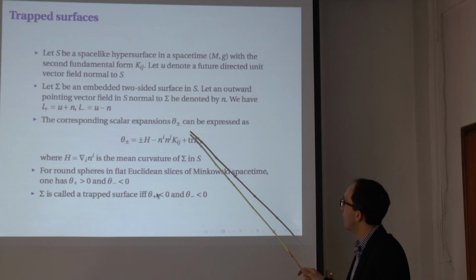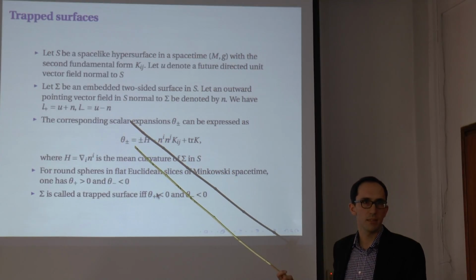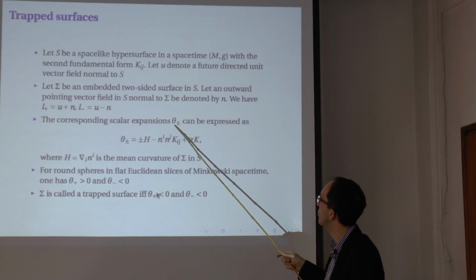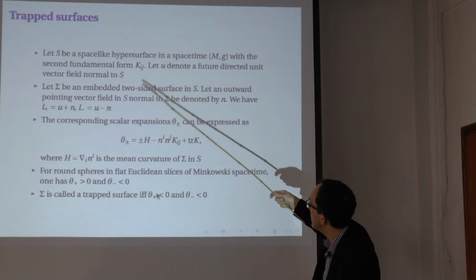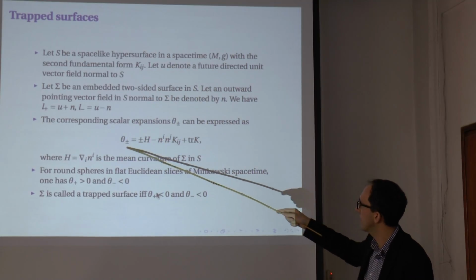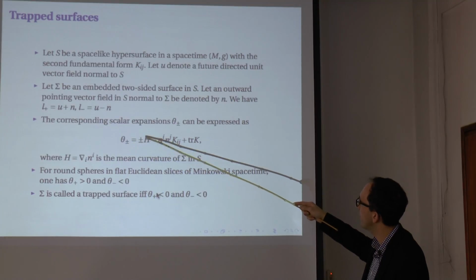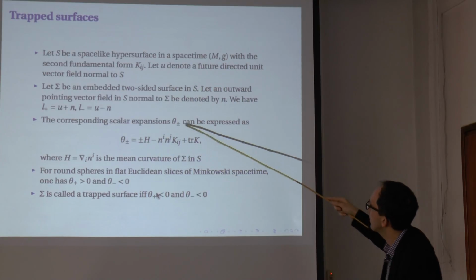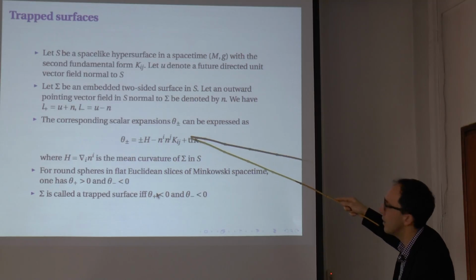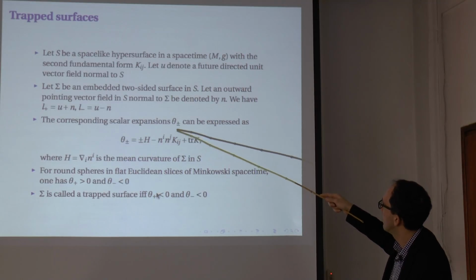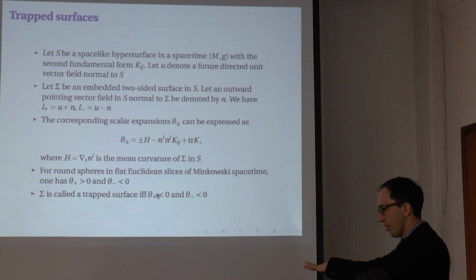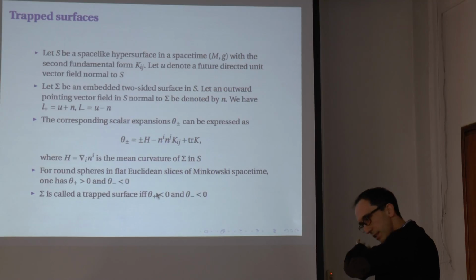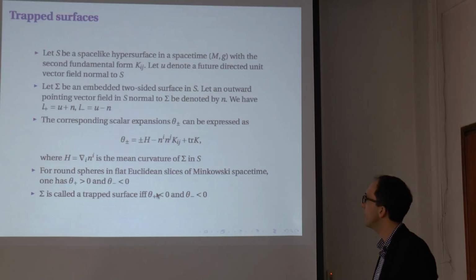Now, in most practical situations, it's good to describe those expansions theta plus minus in this setup, and it turns out that the theta plus minus are expressed as plus minus h and additional terms that come from the extrinsic curvature, the information on how these space-like hypersurface, how time slices are embedded in the space-time.